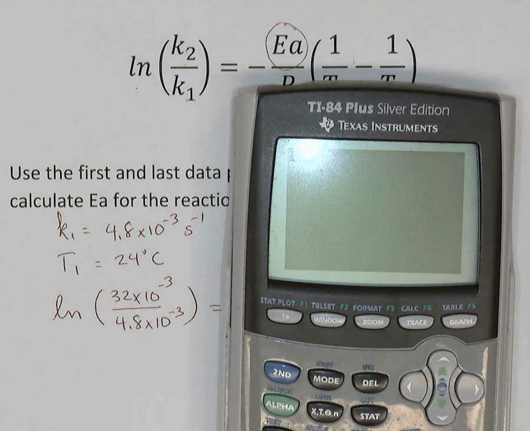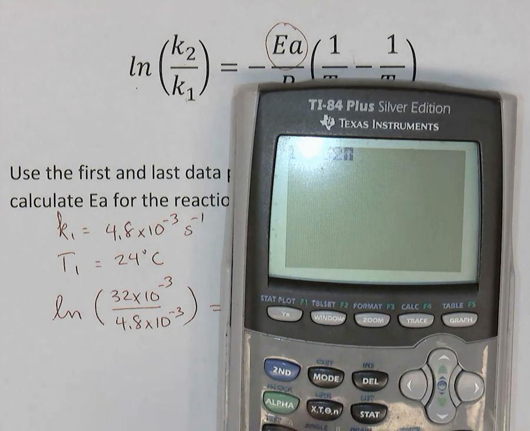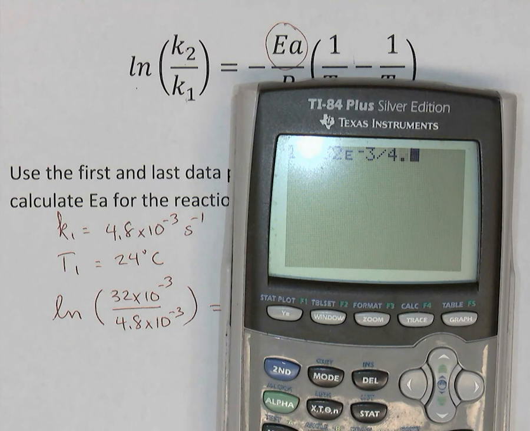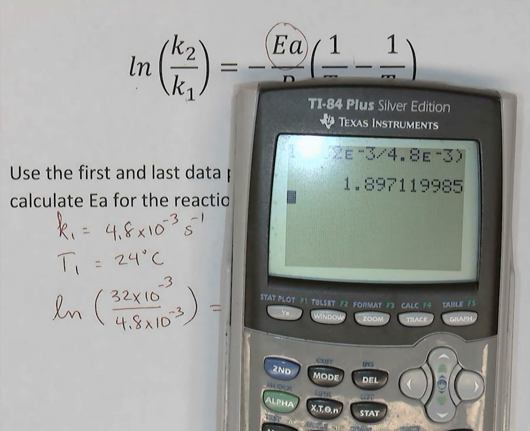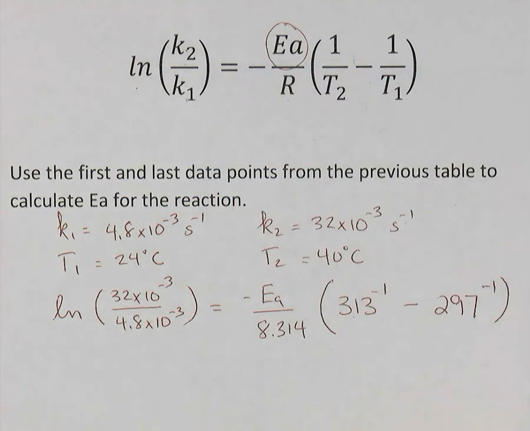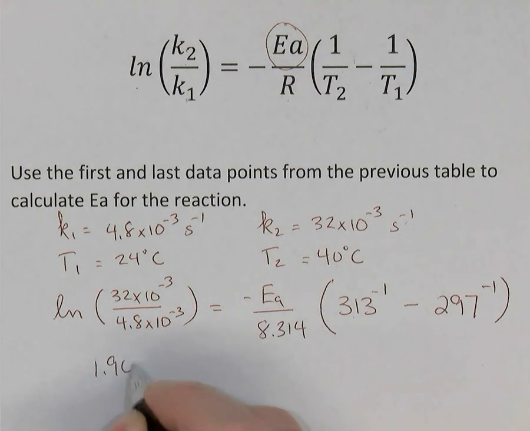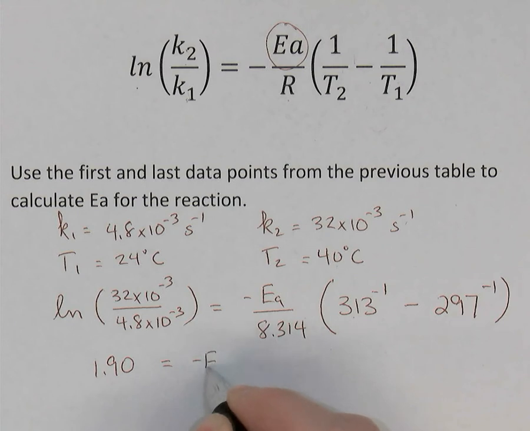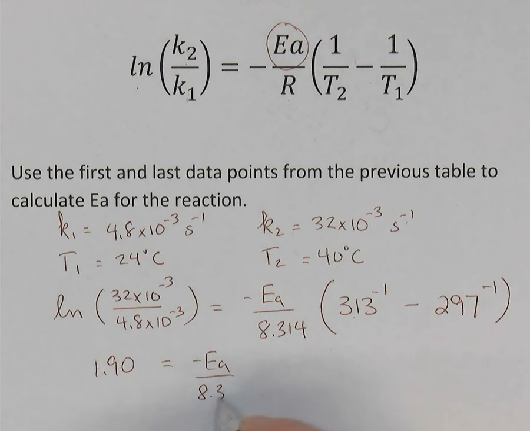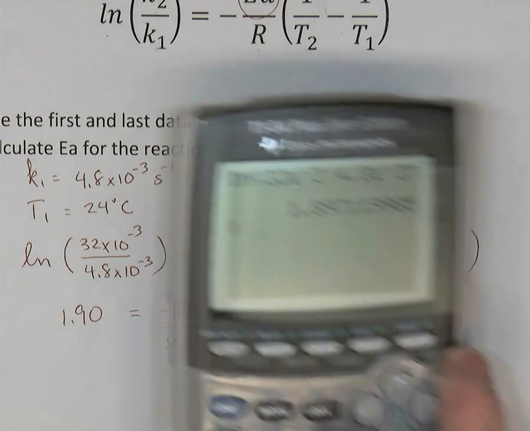Now we can evaluate the stuff on the left just with our calculator, so let's take the natural logarithm of 32 times 10 to the minus 3 divided by 4.8 times 10 to the minus 3 equals 1.90. Negative EA over R, and we can evaluate what's in the brackets there as well.